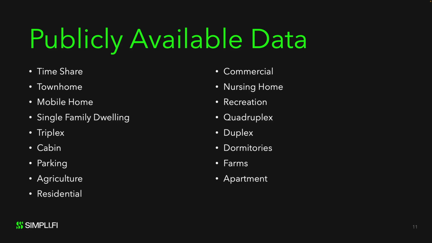We can reach people who live in a single-family dwelling, a nursing home, a dorm, an apartment, or even on a farm. The list goes on. Please reach out to your Simplify account manager for a complete list of over 1,000 demographics and interest-based audiences.